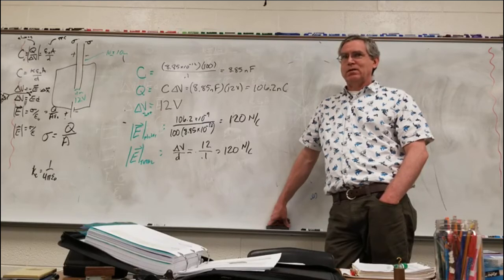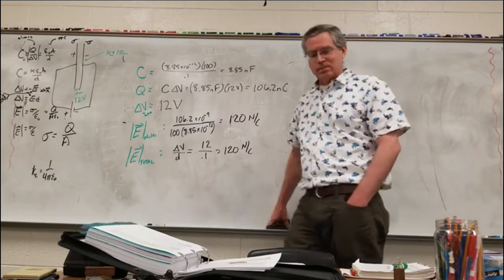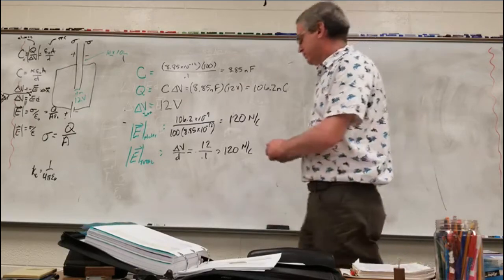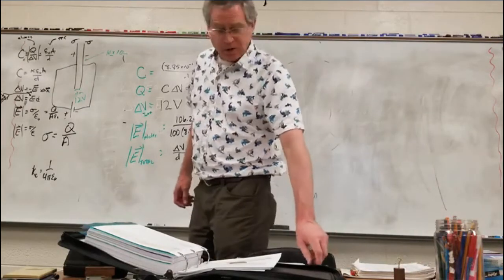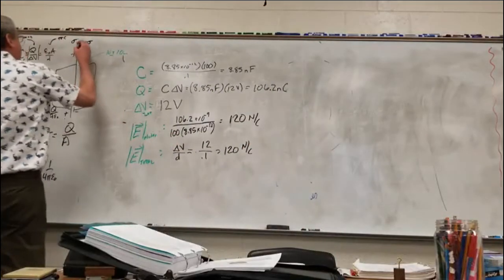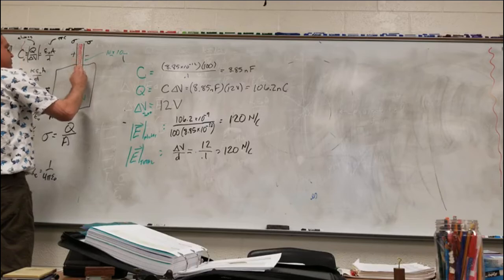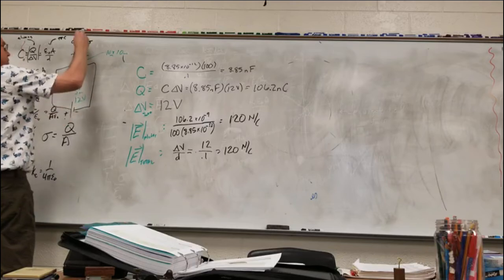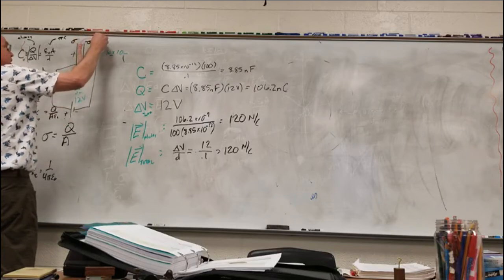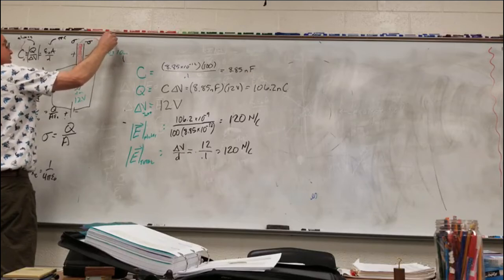All right, throw a dielectric into it. So now, through the magic of a board, we fill this with some insulated material, otherwise known as a dielectric, with a dielectric strength of, we'll make it 3.